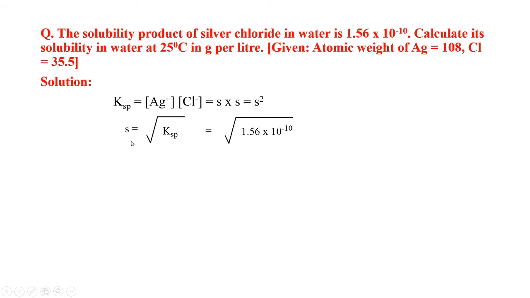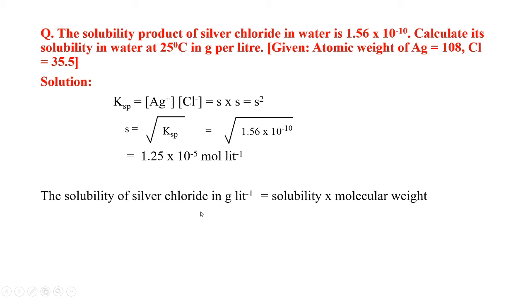So the solubility of salt S is equal to square root of KSP. What is the KSP value here? KSP value is already given, 1.56 into 10 raised to power minus 10. So we get the solubility of salt is equal to 1.25 into 10 raised to power minus 5 mole per liter. But we want the value in gram per liter.